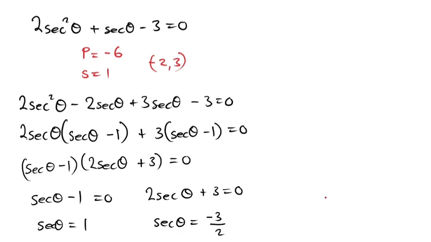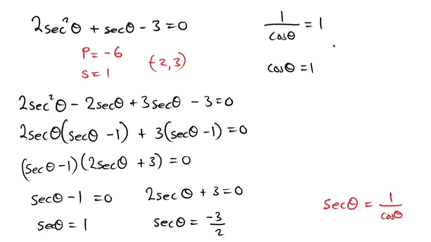Now, we know that sec is 1 over cos. So I need to get the reciprocal of this. So for the first equation, which is sec is equal to 1, I'll replace that sec with 1 over cos, like this. So 1 over cos is equal to 1. If I cross multiply, I still get cos is equal to 1.